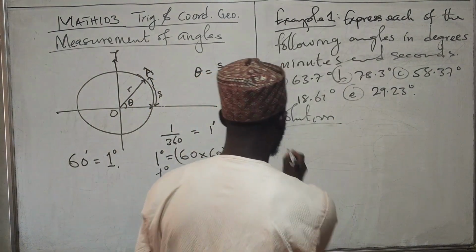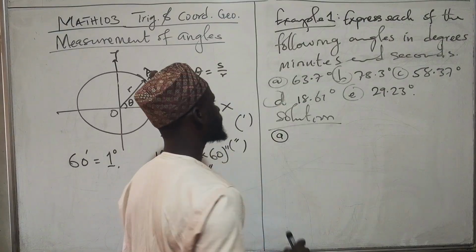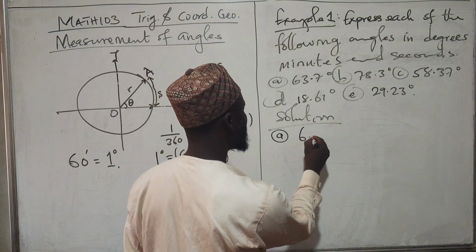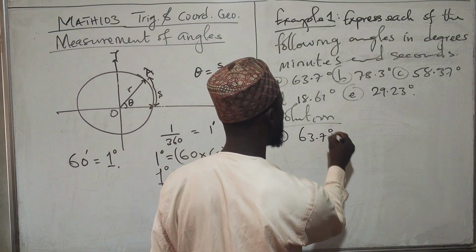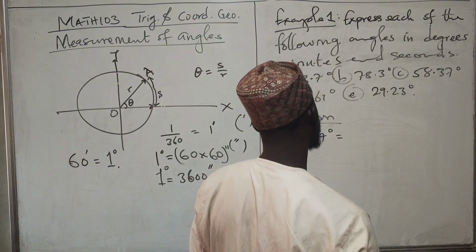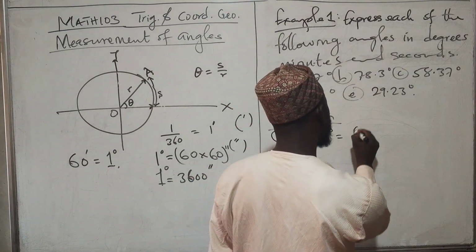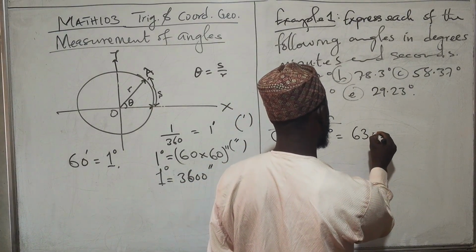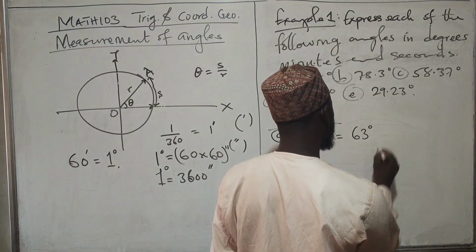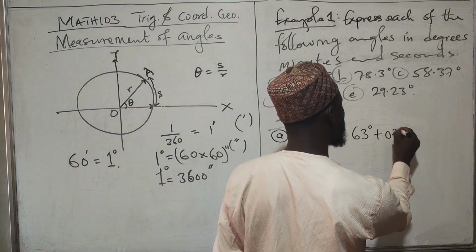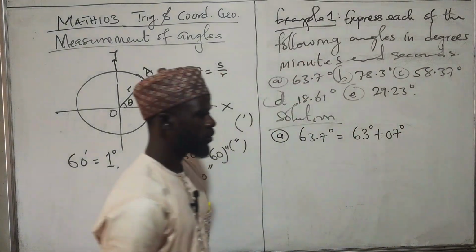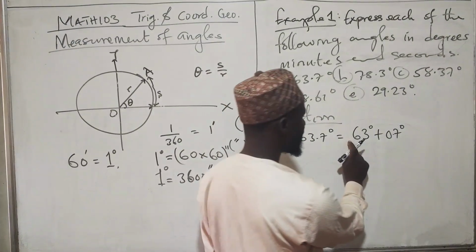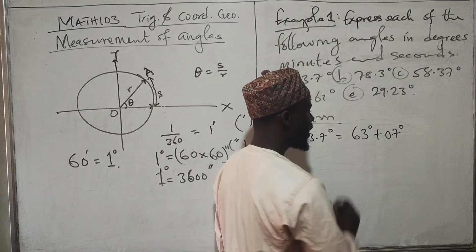We start with A. A is 63.7 degrees. This is 63 degrees plus 0.7 degrees. So the 63 degrees, we leave as it is in degrees.